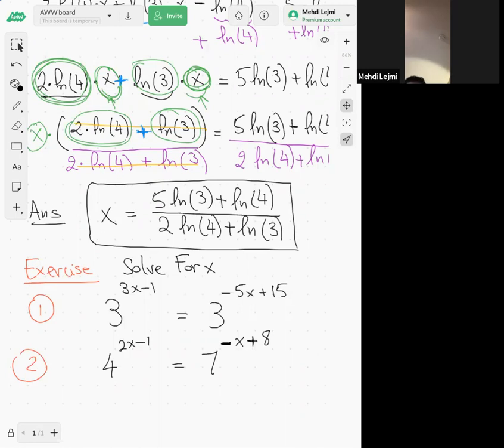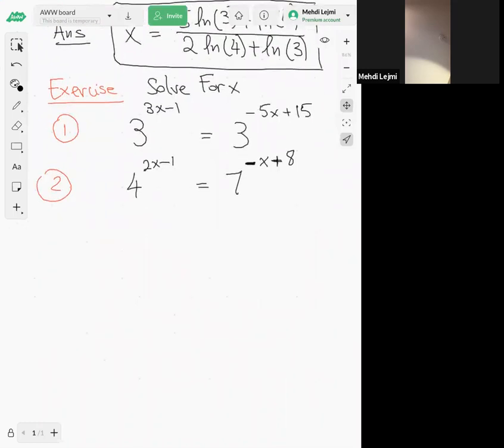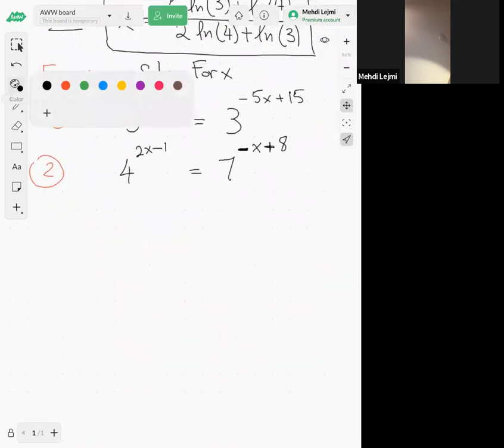All right, guys, I guess you are done. I hope you are done with this exercise. So for number one, because we do have the same base, the idea is that you apply a log in base 3 to both sides, and then you end up with the exponents being equal.